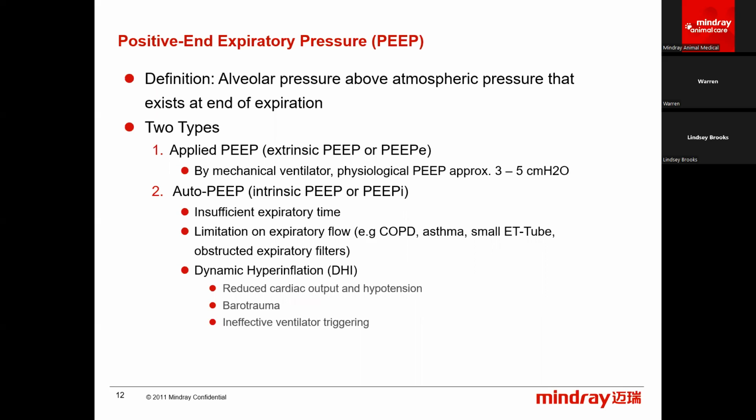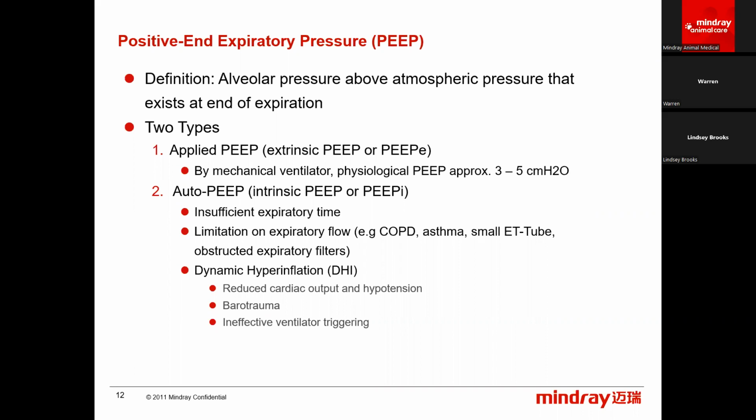This can result from insufficient expiratory time. Your patient hasn't had the chance to breathe out all the way before they're already breathing their next breath. It can also result from a limitation on expiratory flow. There's just not enough bandwidth for all of that air to get out of the lungs before we're coming to our next breath.